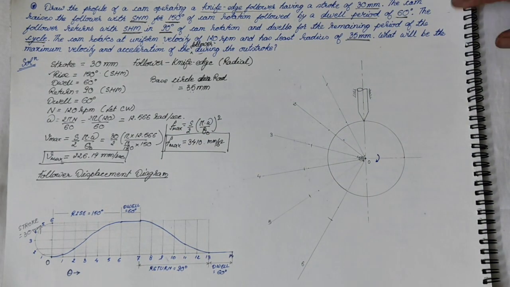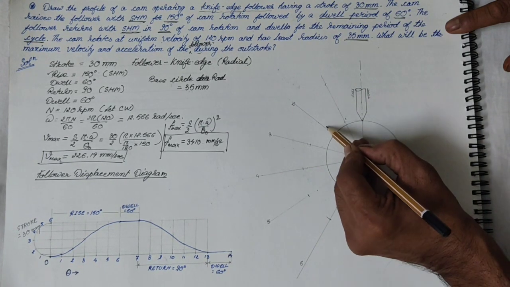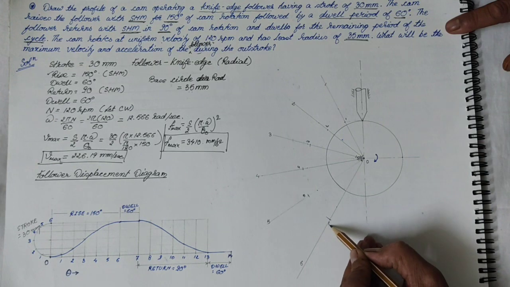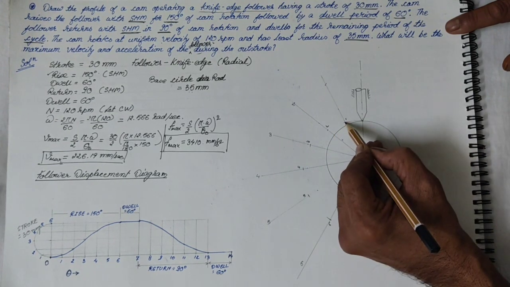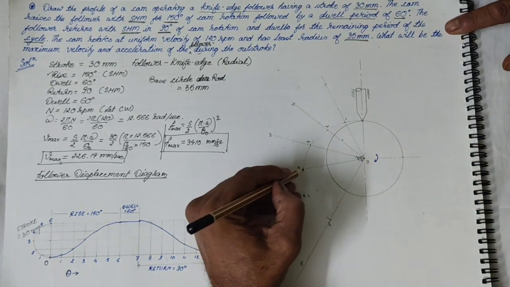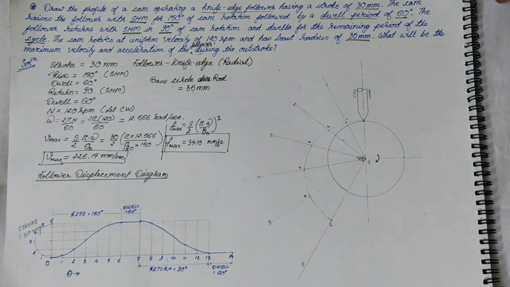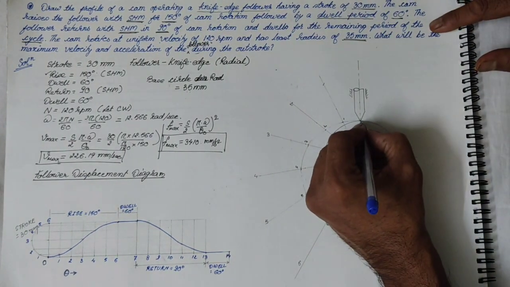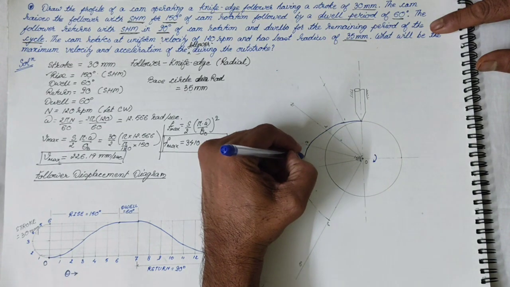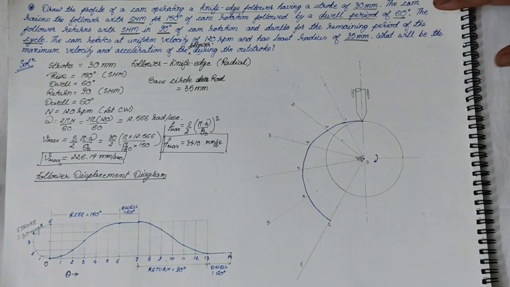So when we join all these points, 1, 2, 3, 4, 5 and 6, with a smooth curve, this will be the cam profile for the rise. So we get this as the profile for rise.